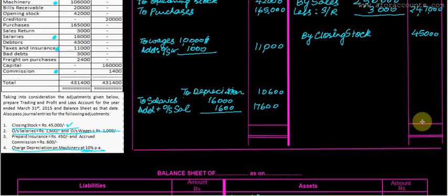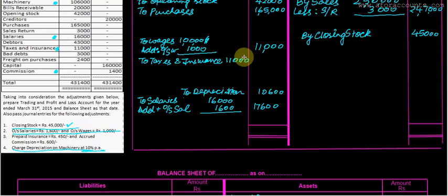Okay. Then taxes and insurance. Taxes and insurance need to be put in profit and loss account. The taxes and insurance part. Okay, but they have some adjustment. I have put a mark on it. So writing to taxes and insurance in P&L. How much? 11,000.